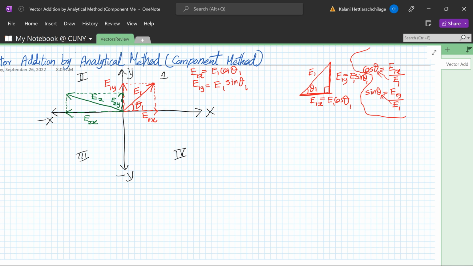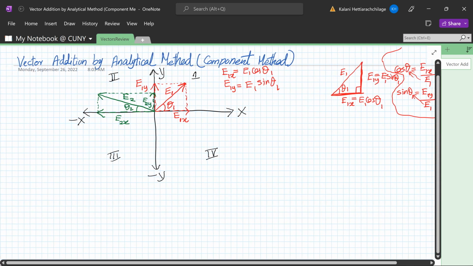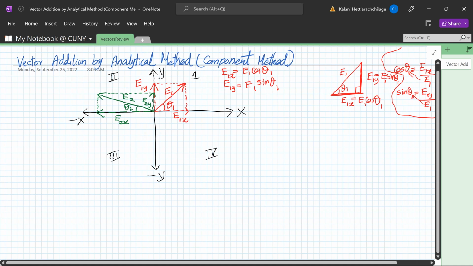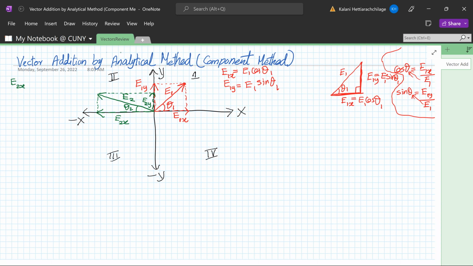Let's say the angle given here is theta 2. Now it's very important that E2x is a negative number. Everybody understand why? Because it is on the negative x-axis. E2y is still a positive number, right?